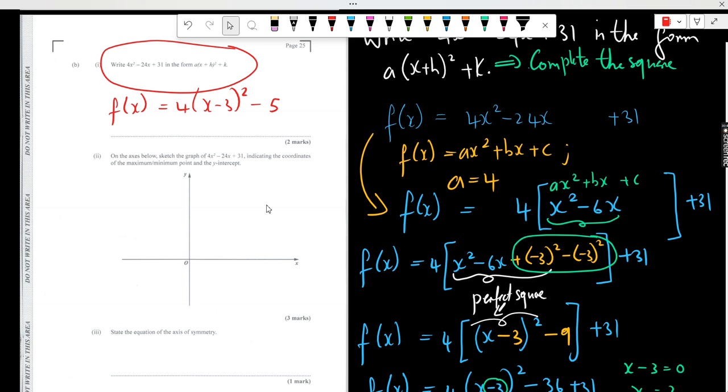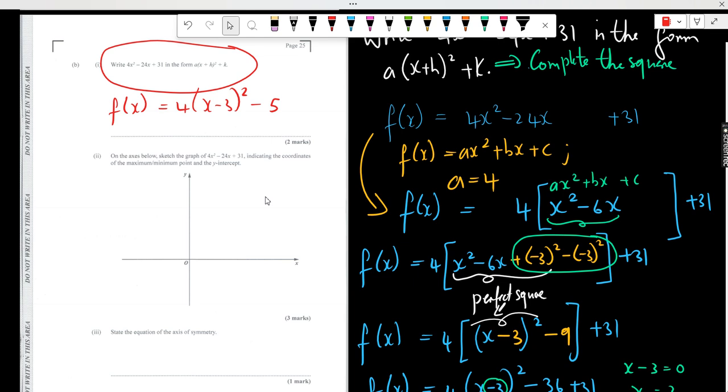So these things, as I mentioned before, you should have the ability to read off: the turning point, which we just did, and of course the y-intercept. For any graph or any function, the y-intercept occurs at what value of x? At what value of x does the y-intercept of any function occur? 0.